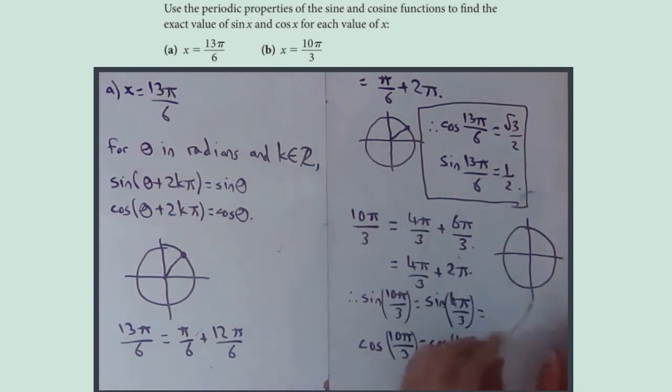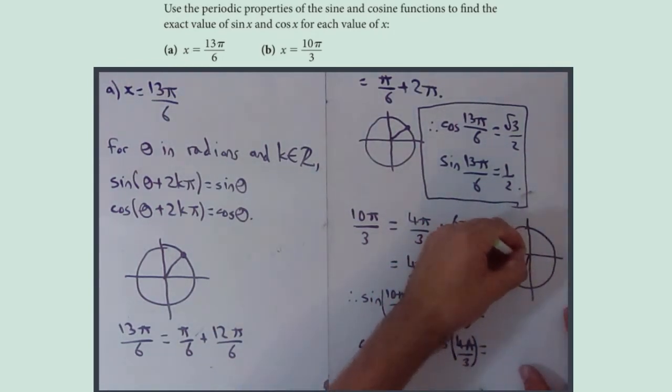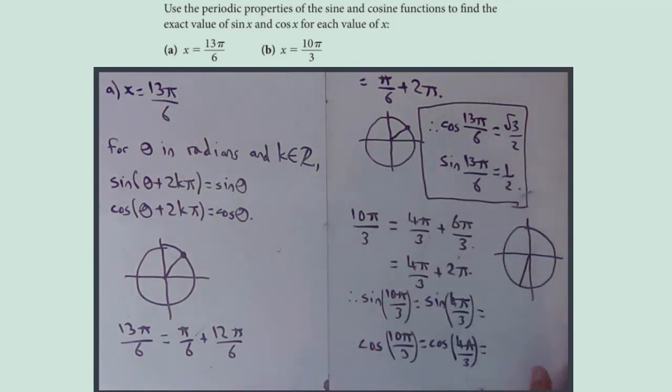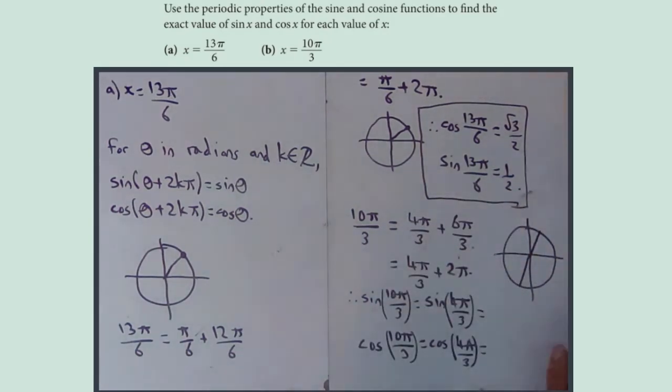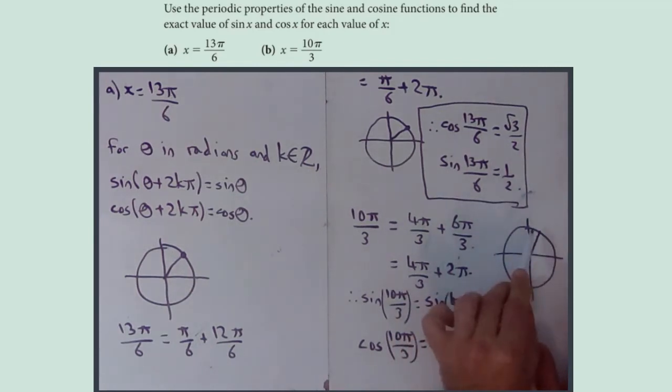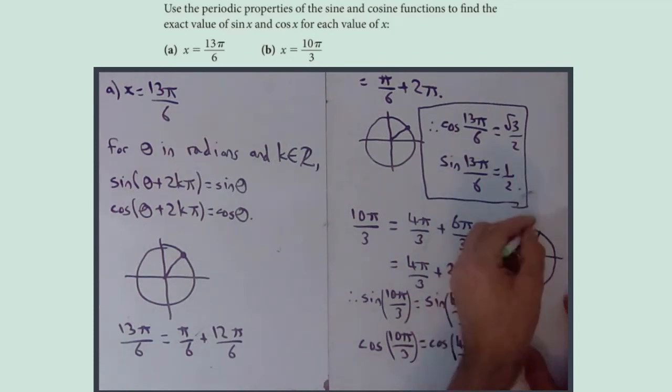This is 270, so 240 must be 30 less than 270, which is there. We need to get back into the quadrant that we know about, which means we need to go up here. That angle there was 30 less than 270, so this must also be 30, which means this is 30 less than 90. This angle is 60 degrees, or pi by 3 radians.